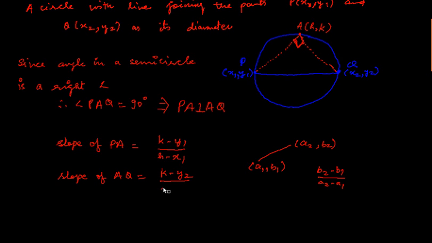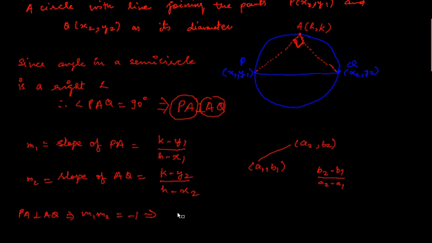upon h minus x2. Now since PA is perpendicular to AQ, the slope of PA times the slope of AQ is minus 1. Suppose the slope of PA is m1 and the slope of AQ is m2. Then PA perpendicular to AQ implies m1 times m2 is minus 1. This is a result which states that if two lines are perpendicular, then the product of their slopes is equal to minus 1.